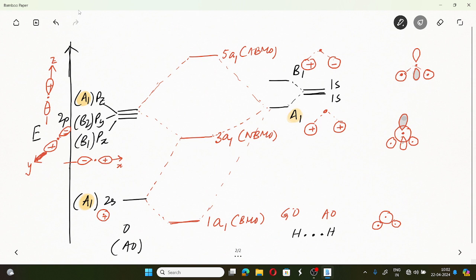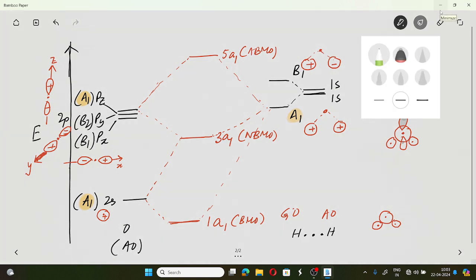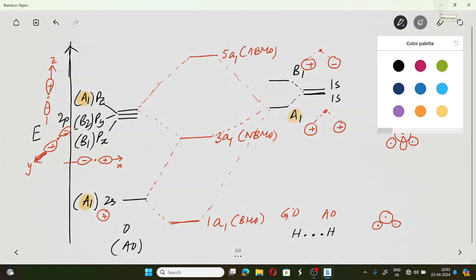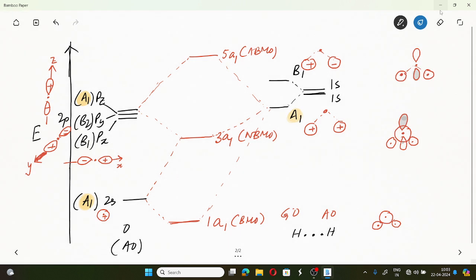Now let us move to the combination of this B1. How this B1, this group orbital, will combine with B1, that means PX of oxygen. So this combination we can show with a different color, maybe with blue. So this B1 and PX, they are combining to form this.